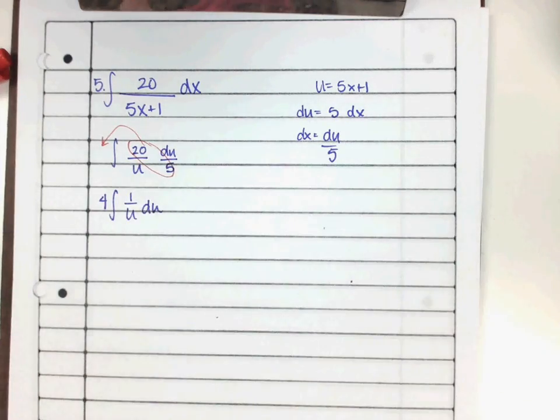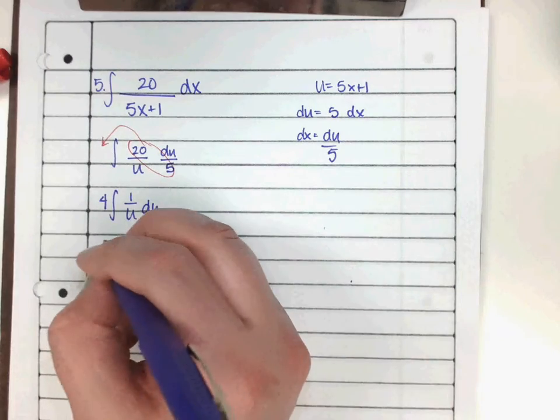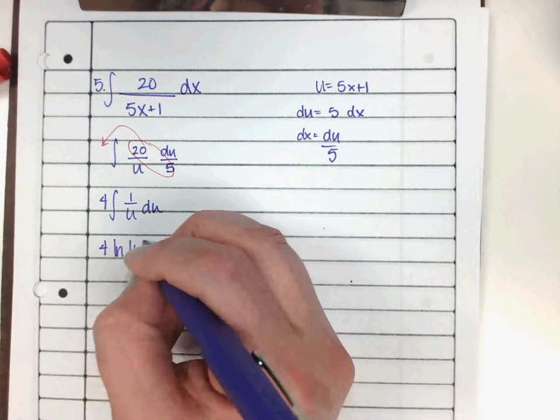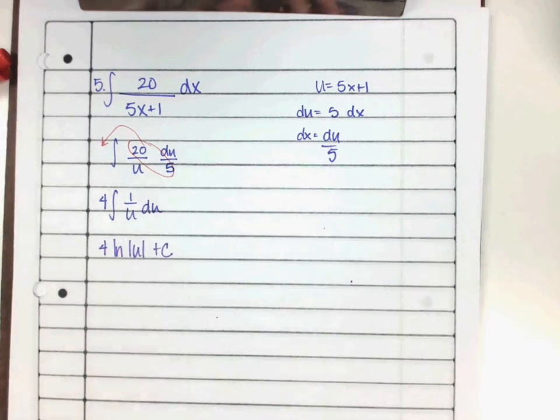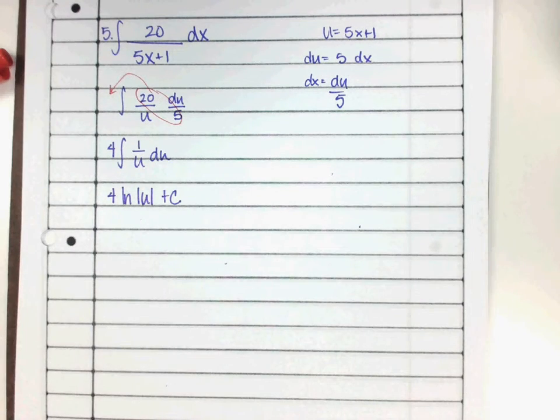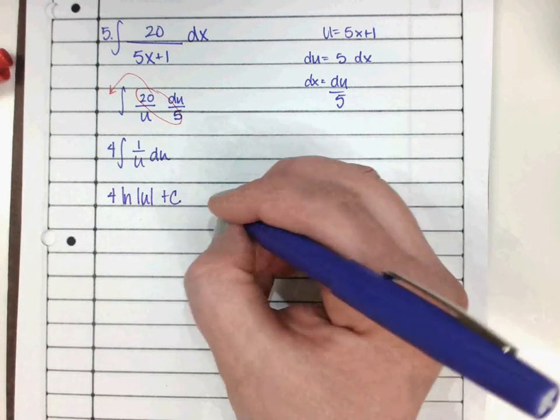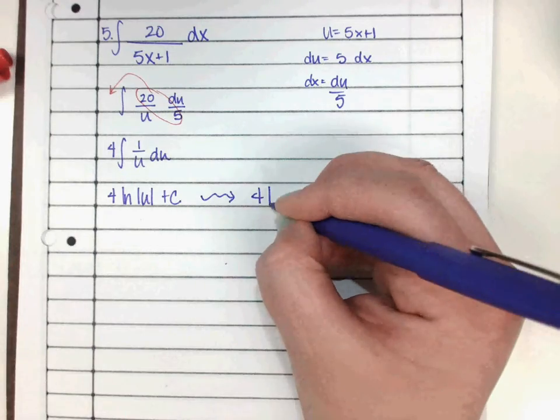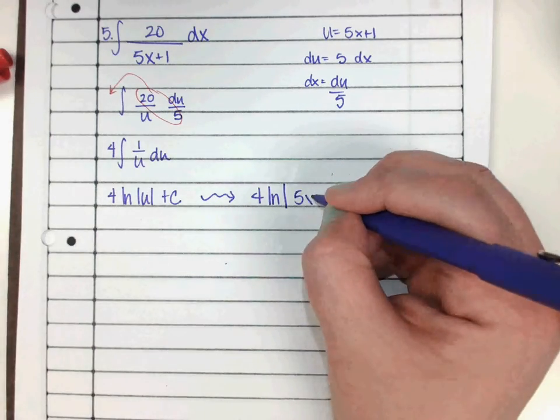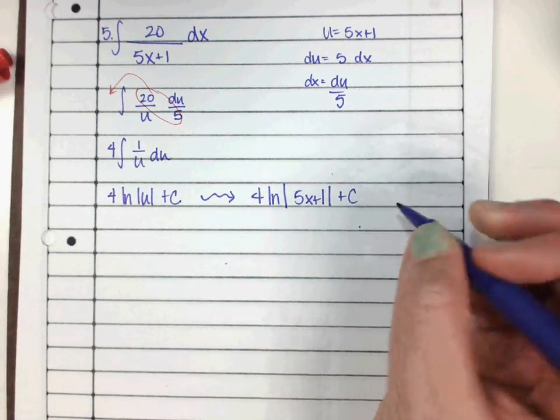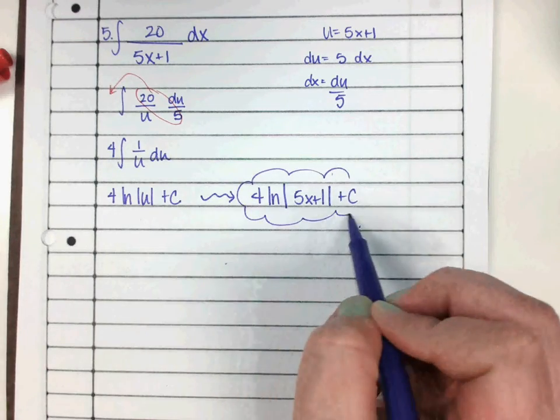Because my u is on the bottom, and I don't rewrite this as a power, that's a special. Integral of 1 over u is ln u. Technically, don't forget your absolute value bars, then switch it back to 5x plus 1 in the middle. Got it?